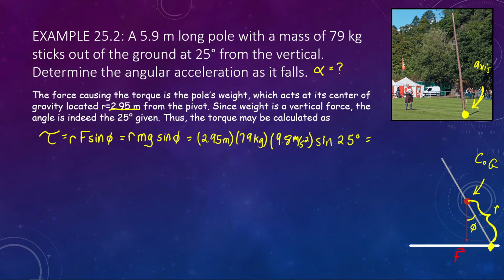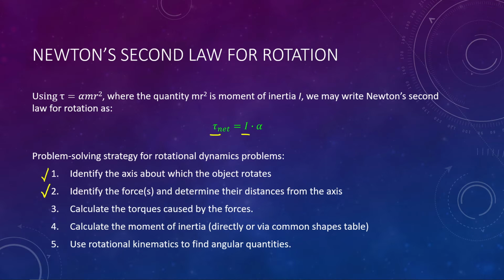This should give us a torque of roughly 965.2 newton meters. So we know what the torque is, 965. That was step number 3. Let's move on to step number 4.